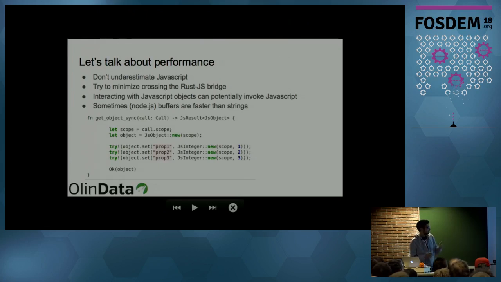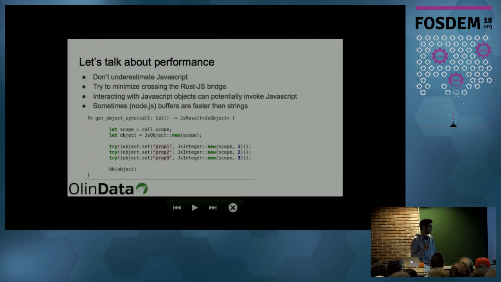In this example, you can see that we create a new JavaScript object, and then we're trying to set 3 properties. And this potentially might call the JavaScript code from the Rust, because in JavaScript you can set setters on objects. And this will also be expensive.